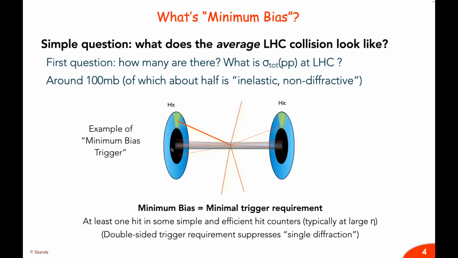So it's not quite zero bias, there is a little bit of bias. Therefore, this definition is also a bit experiment dependent. It's exactly how big your plates are and where they are sitting and what their acceptance is and so forth. But it's the minimal trigger bias that you are able to impose in a given experiment, very close to zero bias. So think about minimum bias as just requiring that at least some charged particles had been scattered into the event.